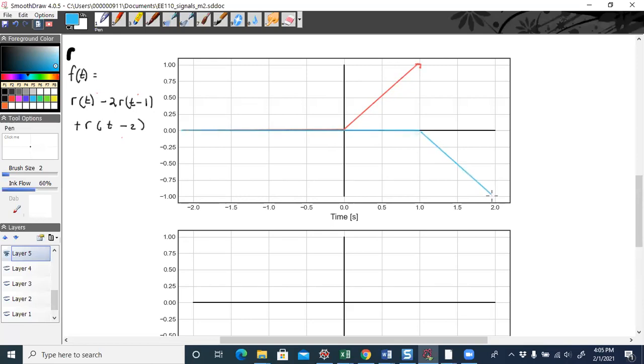And before we did a slope of 1. Now I'm just going to try to draw the slopes.